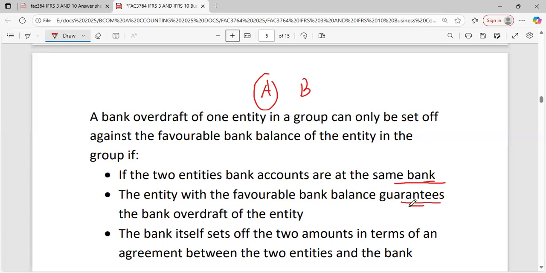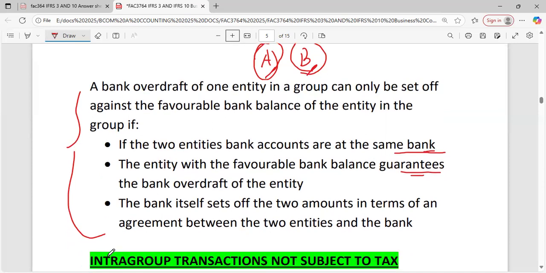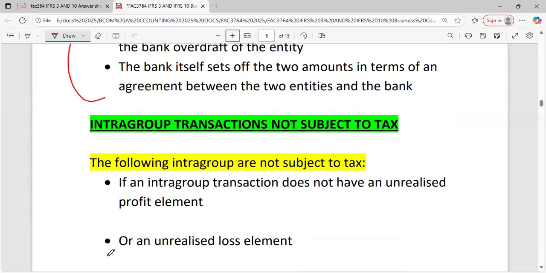So that every time when A has an overdraft and B is having a surplus, then the overdraft of A will have to be covered by the surplus that B has. That is if they are a parent and its subsidiary. So this one is one of the theory questions on groups that you can come across about guarantees on bank overdraft. Right?